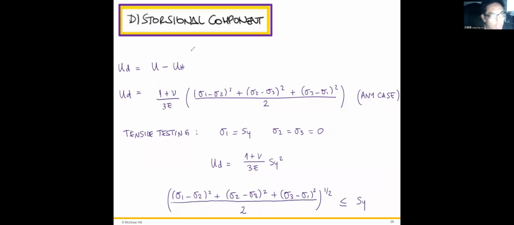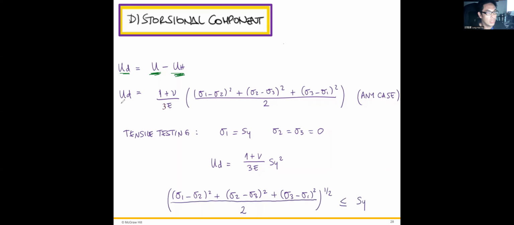Okay, so what is the distortional component? We have the hydrostatic component. The distortional component equals the total strain energy minus the hydrostatic component.